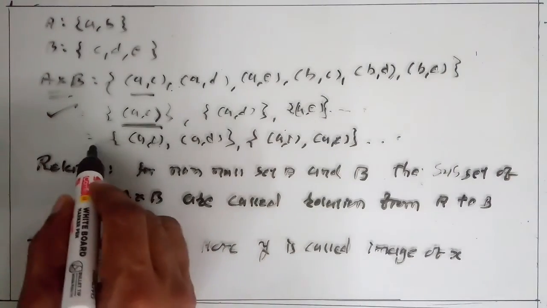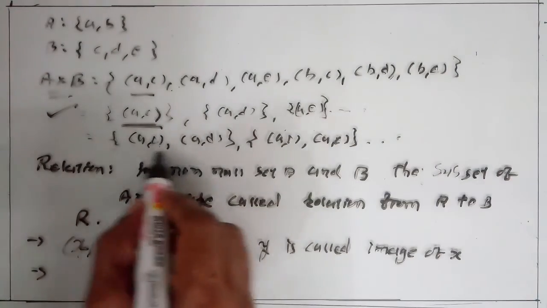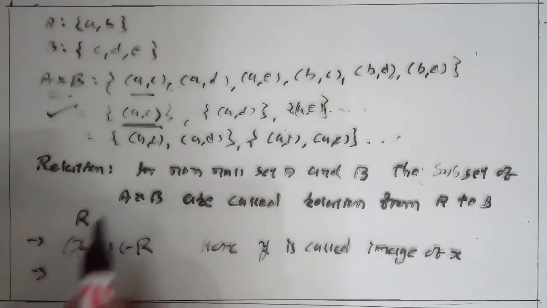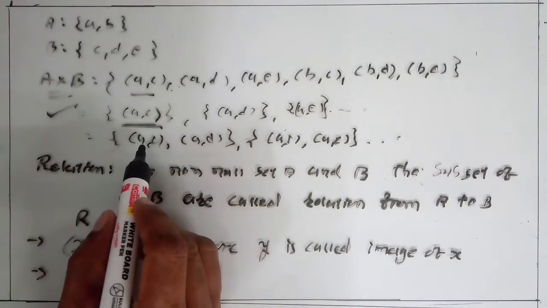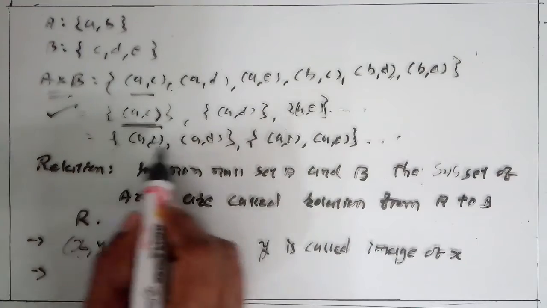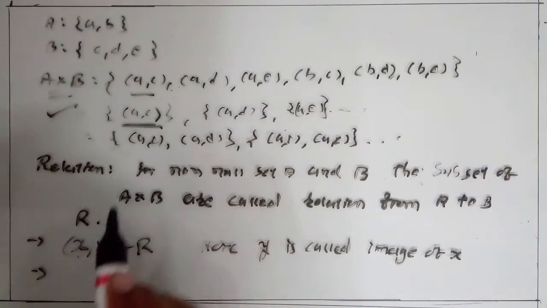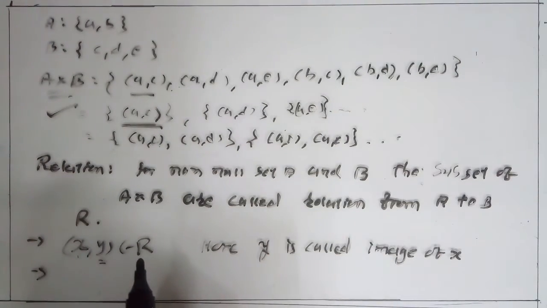Like for this relation which contains two elements, the first element of each ordered pair is A, only A we have. So set A is called the domain.